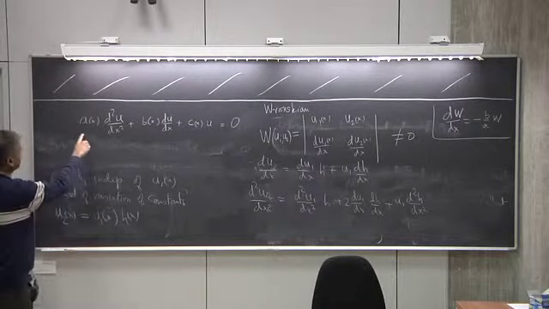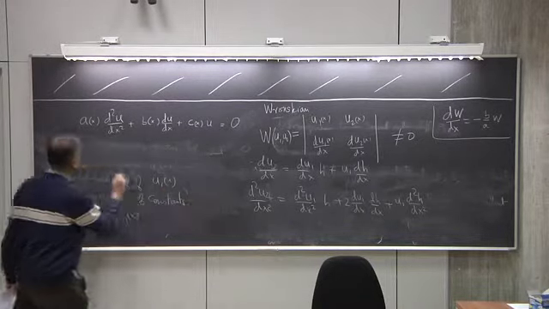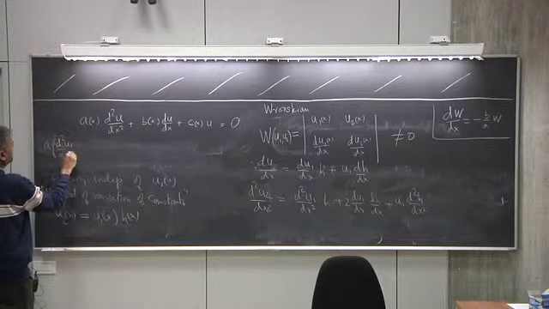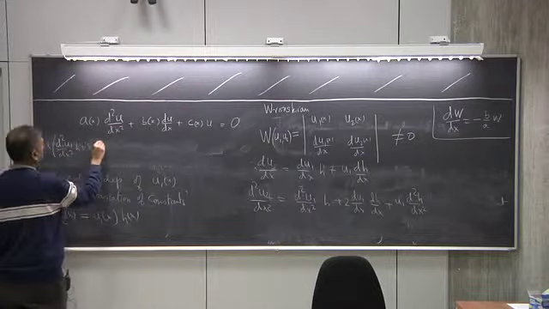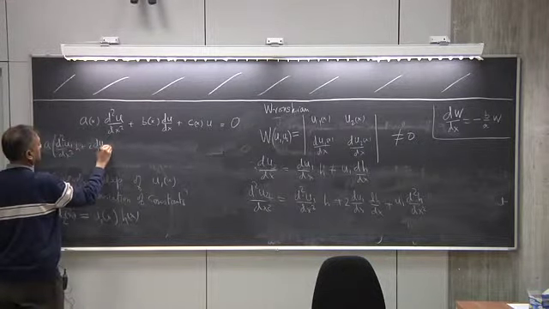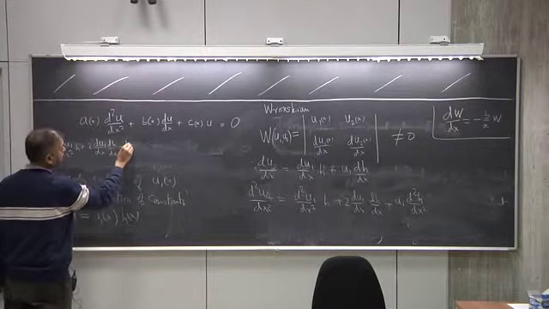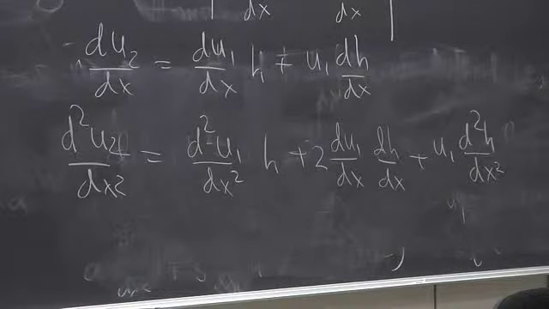So let's multiply this a with this. So you get here a times [d2u1/dx2 h plus 2 du1/dx dh/dx plus u1 d2h/dx2]. So that's the first term.